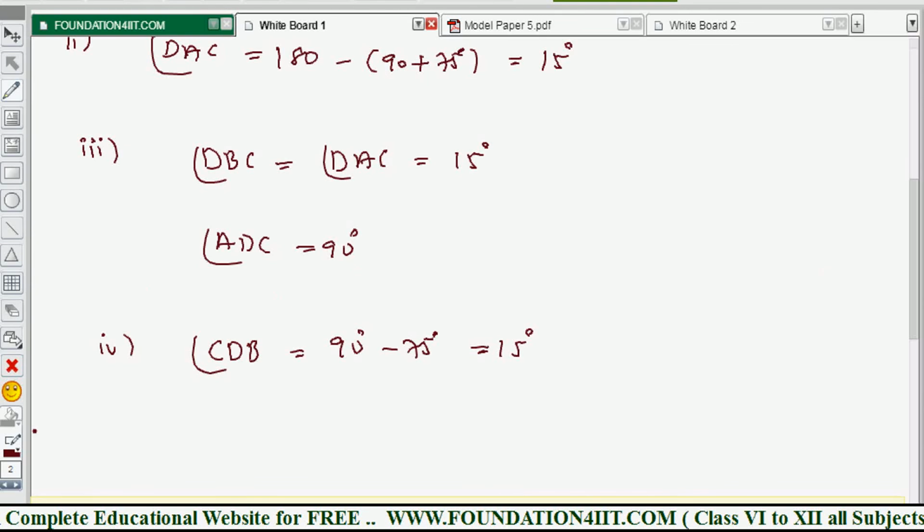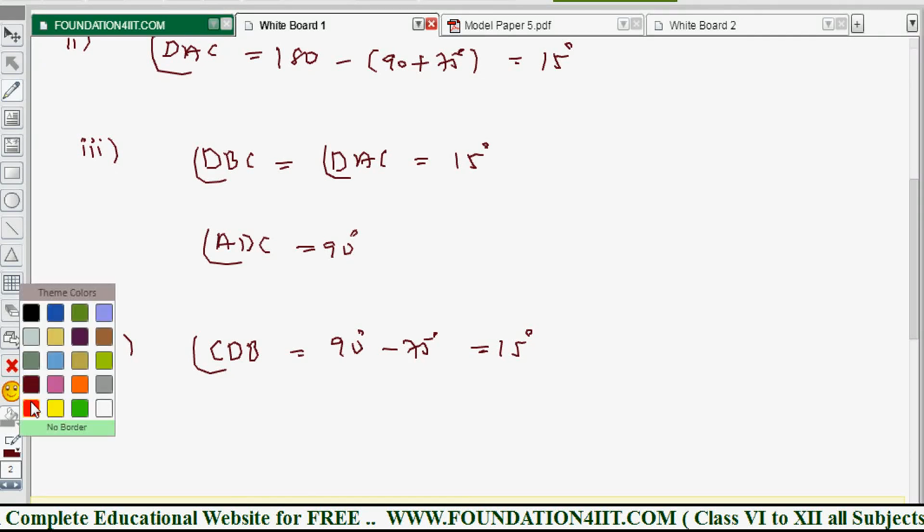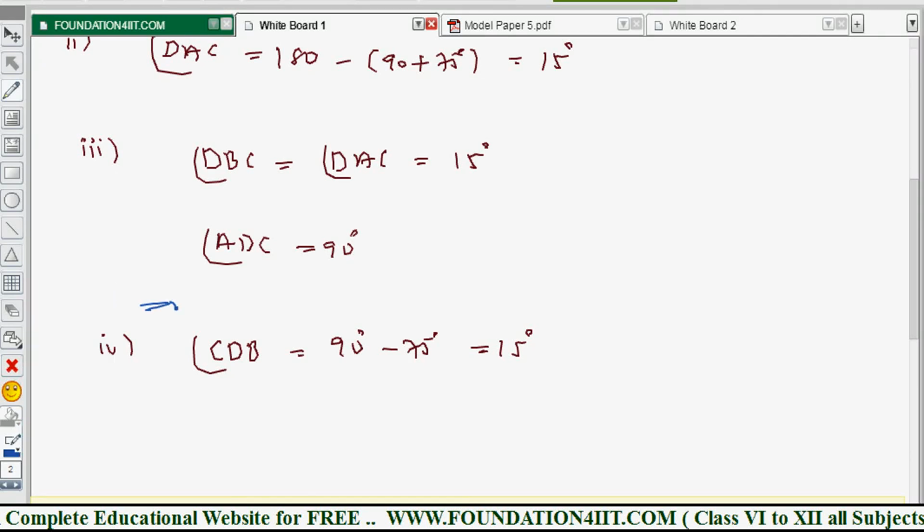Because you can write one more step, you have more clarity. Let me take from this, because already ADC is 90, therefore angle ADB plus angle CDB, these 2 are equal to 90 degrees, because angle of the semicircle is 90, right?